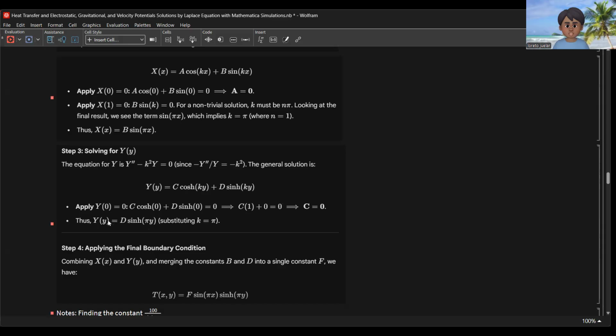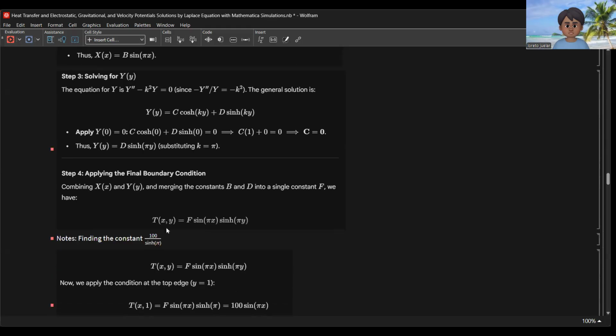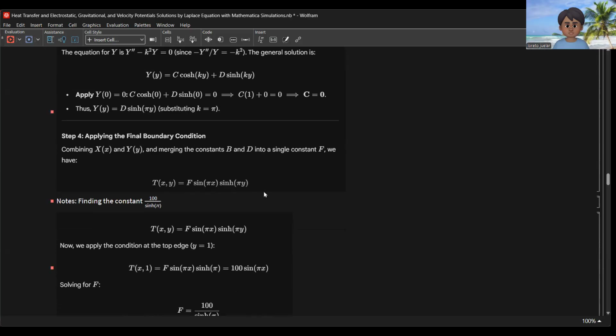So our solution now is Y equal to d hyperbolic sine pi y, substituting k equal to pi. So we have the temperature as a function of x and y equal to f sine pi x times hyperbolic sine pi y. We are going to merge the constants b and d into a single constant f.